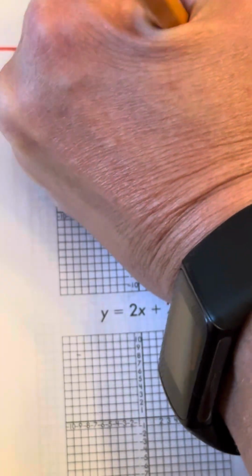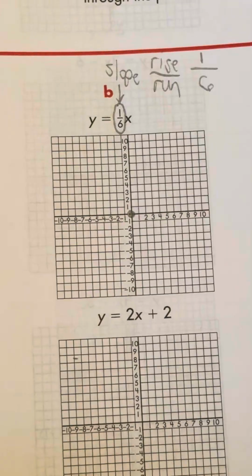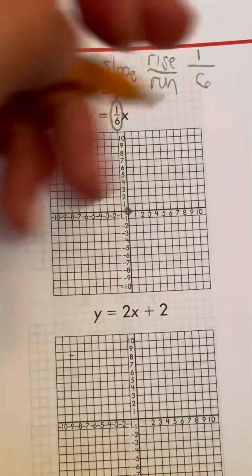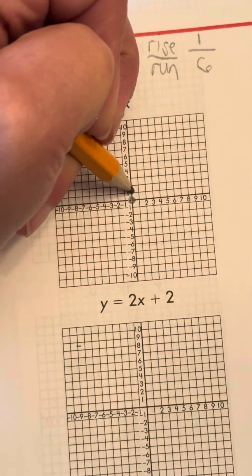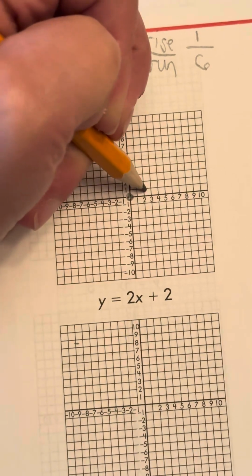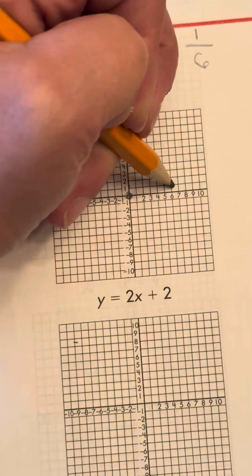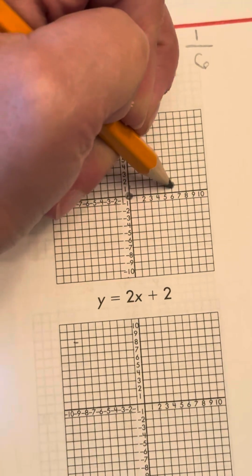So this is going to be your 6. We're going to rise up 1 from this dot that I have, and then we're also going to go to the right, because 6 is positive. So think about a number line. You're going to go 1, 2, 3, 4, 5, 6, and then you're going to put a dot. Now, you're going to do that again.